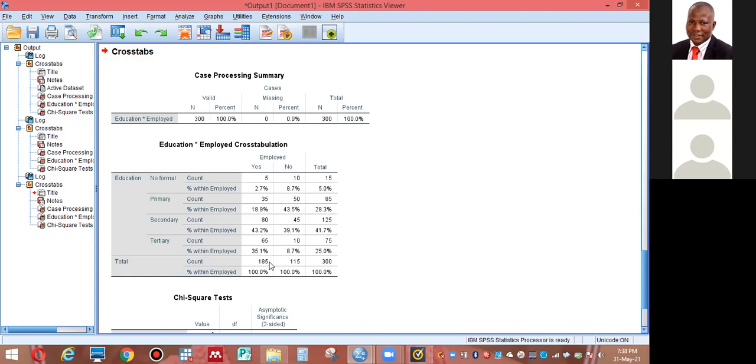So you rather say, among the females, what proportion have glycemic control? Among the males, what proportion have glycemic control? You'll be able to know whether it is higher among the males or females. Not that you say, among all the people that have glycemic control, how many are female or females are more. But who told you? You may have more females than males in that category. That number of females may not mean anything.